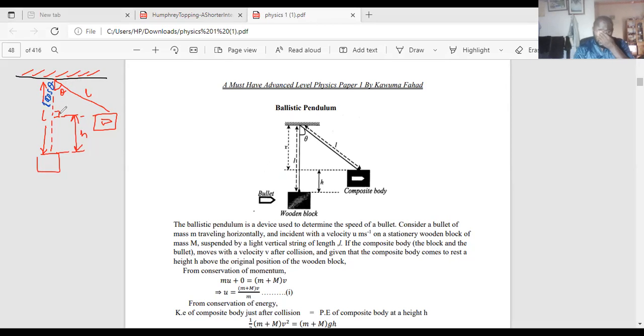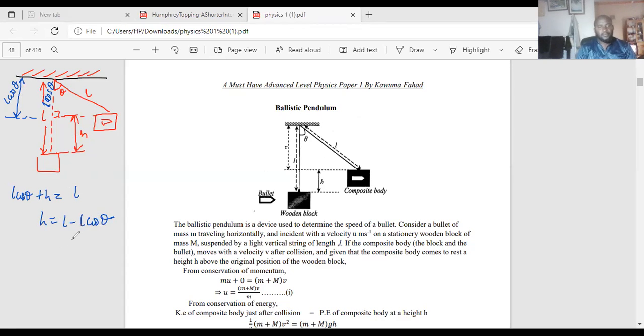So when that distance is resolved and you get it as L cos theta, it means from here up to here, the distance is L cos theta. But L cos theta plus the height is going to give us the total distance L. So the height can be got from L minus L cos theta.